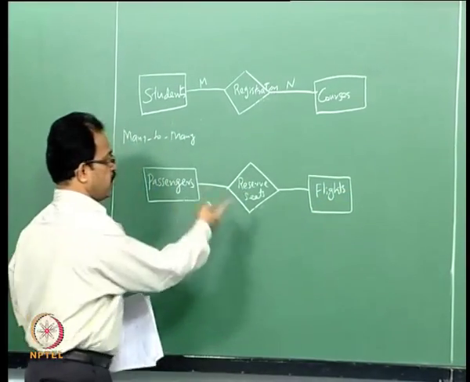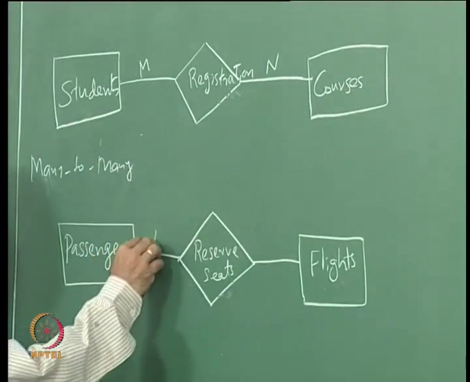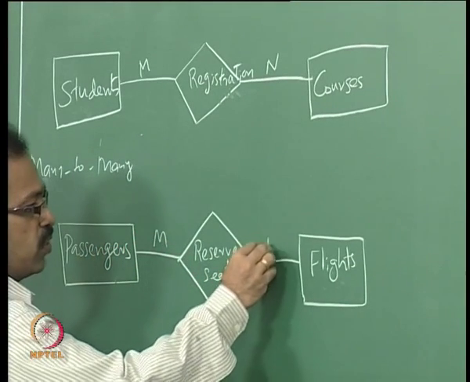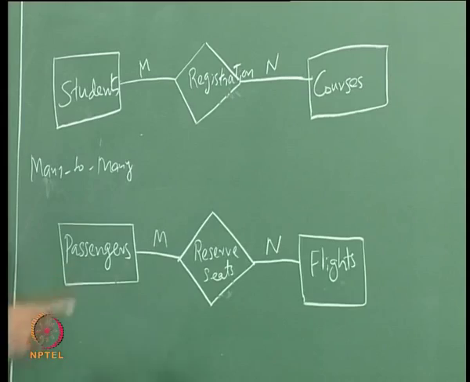Again this will be an m to n relationship. You have m passengers reserving seats for n flights. So, again an m to n relationship. If you take a single passenger, then it will be a 1 to n relationship, otherwise it will be an m to n relationship.